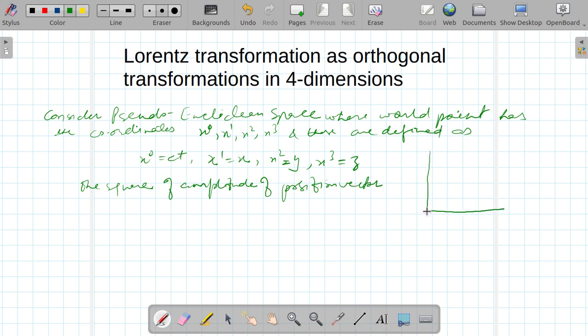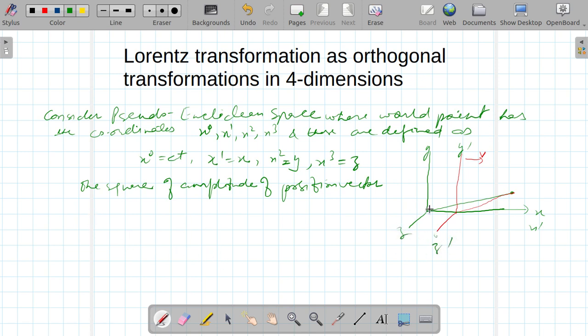Here this is the position vector in one coordinate system, and there is another coordinate system moving with the velocity v along the x-axis, and it has its own position vector. So the square of the amplitude of this position vector in the 4-vector space can be defined with x-axis and x prime axis, y and y prime, z and z prime.